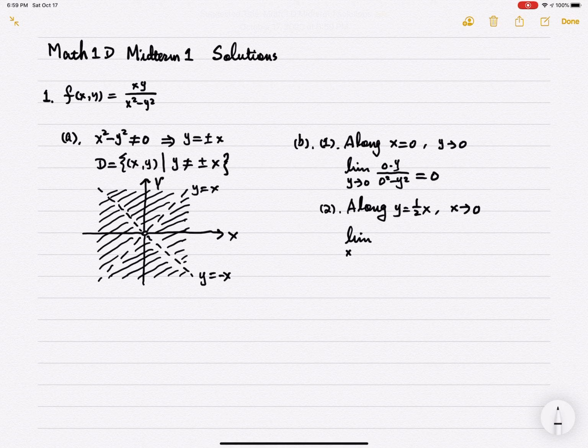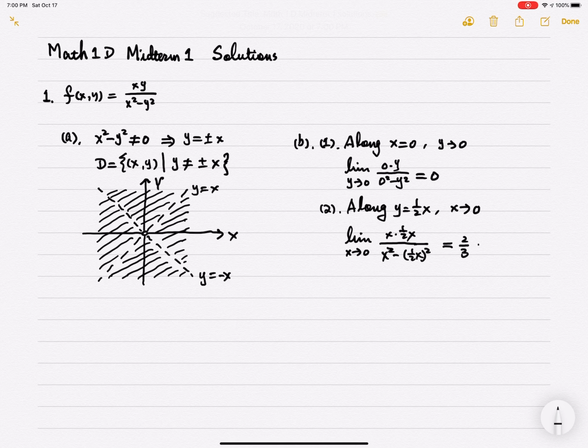The numerator becomes x times half x. The denominator is x squared minus (1/2 x) squared. Now the numerator is half x squared, and the denominator is x squared minus 1/4 x squared, which equals 3/4 x squared. So 1/2 over 3/4, if you simplify, it's 2/3.